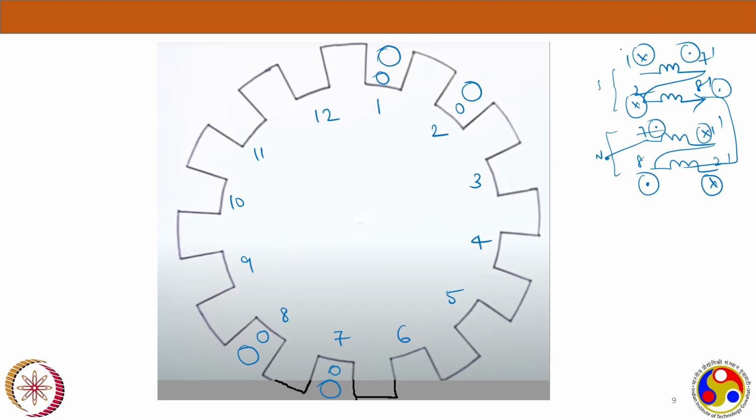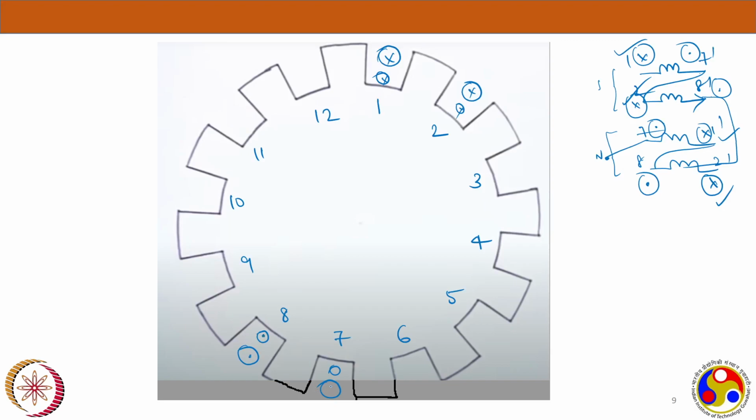Now if you see inside the slots 1 and 2, 1 dash, 2 dash, all are having crosses, right? Cross, cross, cross, cross. Now, what are the notations for 7 and 8? 7, 7 dash, 8, 8 dash, all are having dots.